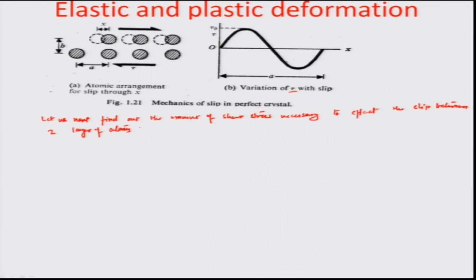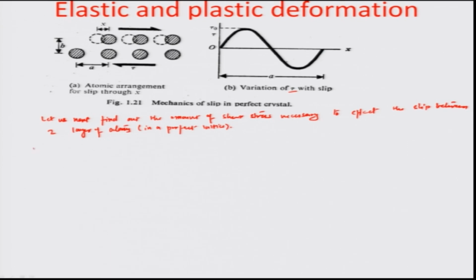And this is in a perfect lattice, which does not have any defects, point defects, and so on and so forth. So, this is just a sort of theoretical analogy of what may happen.